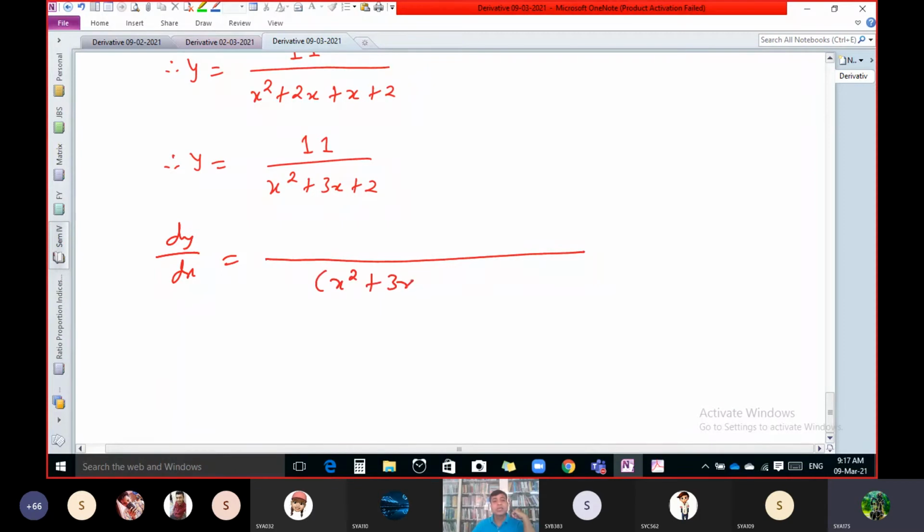x square plus 3x plus 2 the whole square in denominator. Then x square plus 3x plus 2 as it is into the derivative of 11, which is 0, minus 11 as it is. Tell me the derivative of the denominator. 2x plus 3. Correct, 2x plus 3.